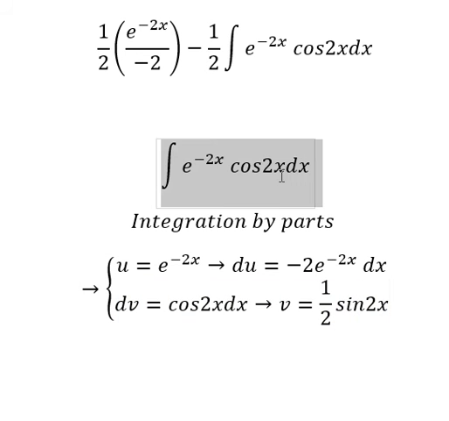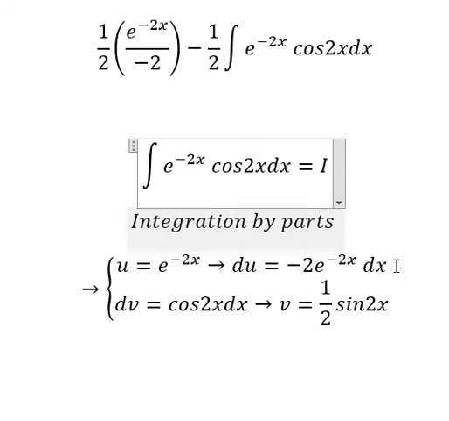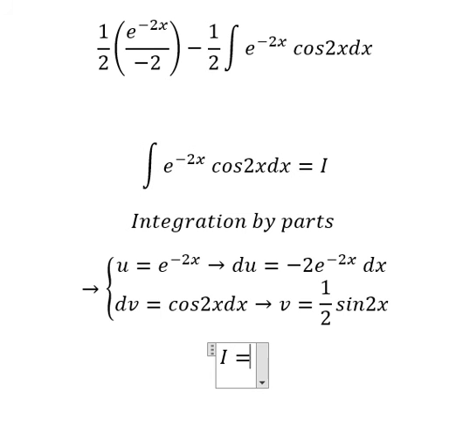And now I will call this capital I. So we have u multiplied by v.